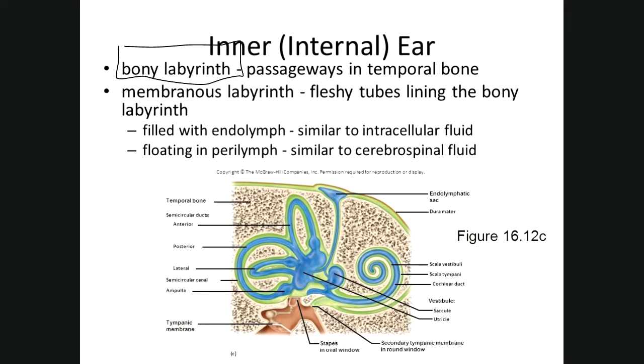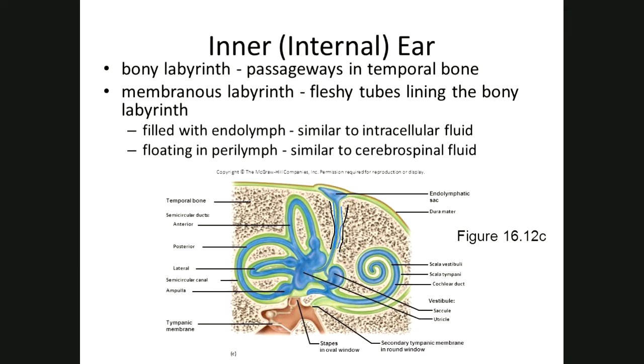Not only is there a bony labyrinth, but inside the hollow spaces, inside this pathway, there's a membrane that runs exactly the same path. It's kind of like putting your hand in a glove.